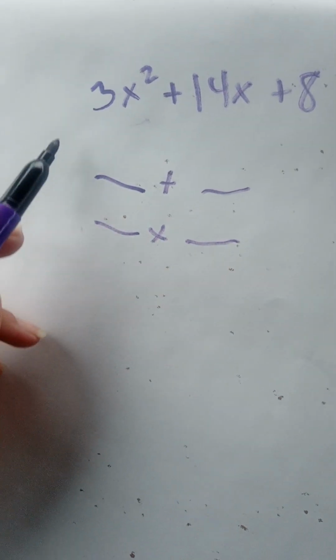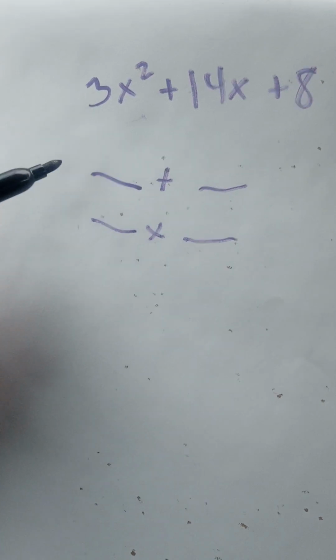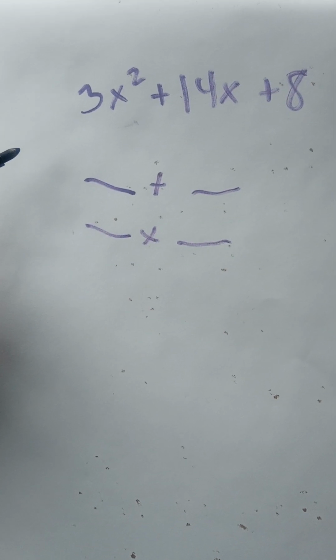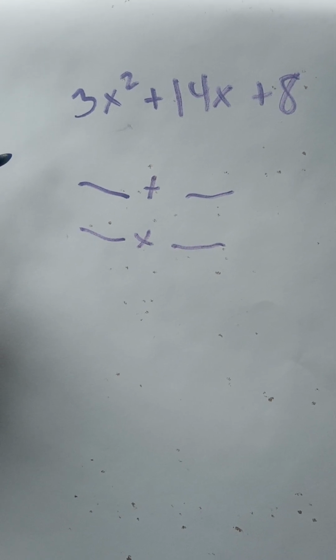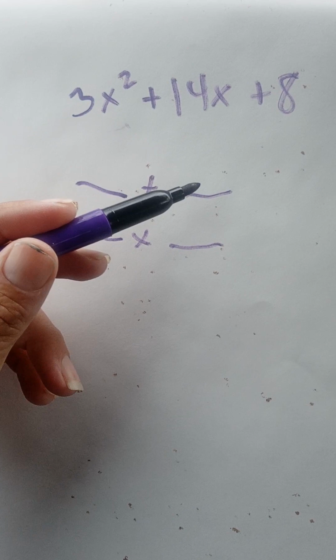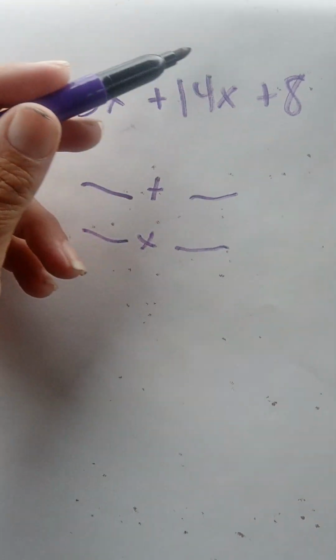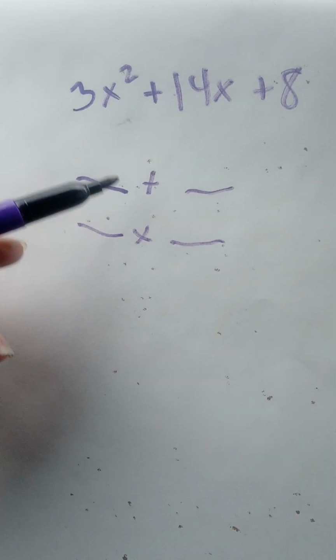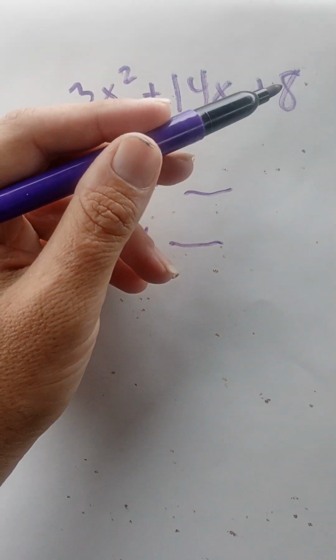But there is a method for all trinomials that will work where you could factor this problem. What you do is you find two numbers that add to 14, but also multiply to the outside product.